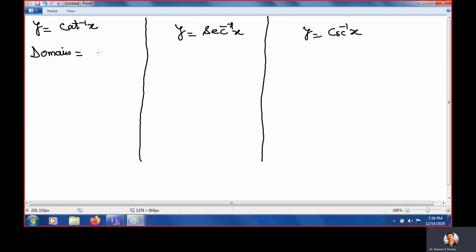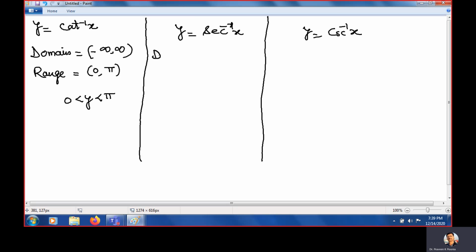The domain is minus infinity to infinity, and the range is 0 to pi, and it is an open interval here, it is not closed. Clear? So if you want to write this, it is 0 is less than y is less than pi, it is not equal, so open interval.